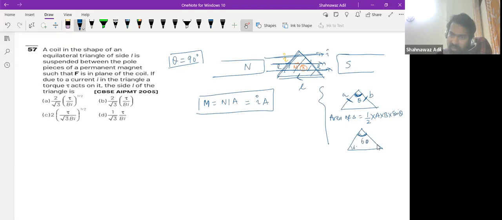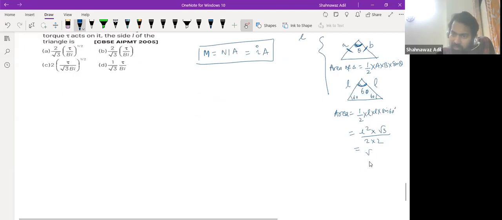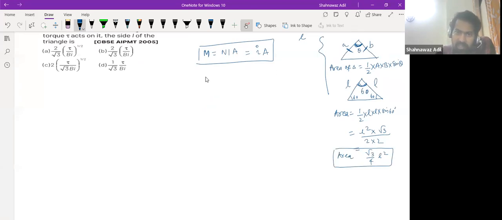This length is L. So the area would be half L into L and sine of 60. So this is L square, sine of 60 is root 3 by 2, into 1 by 2. So this would be root 3 by 4 L square. That is the area of the equilateral triangle, so M is I root 3 by 4 L square.